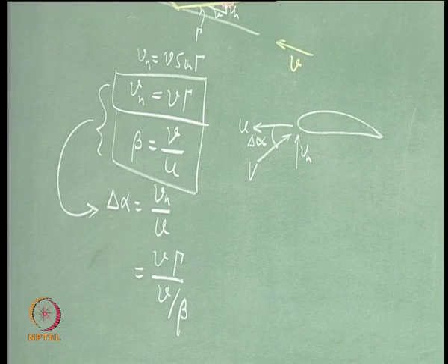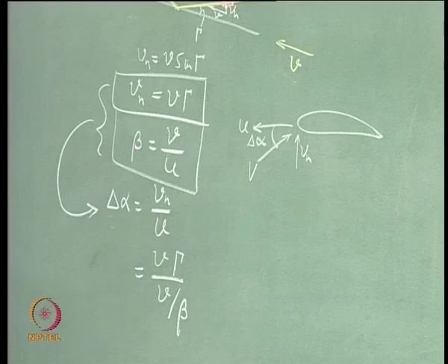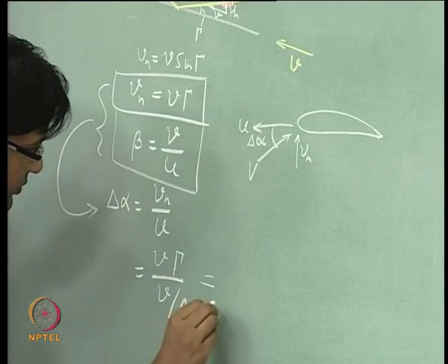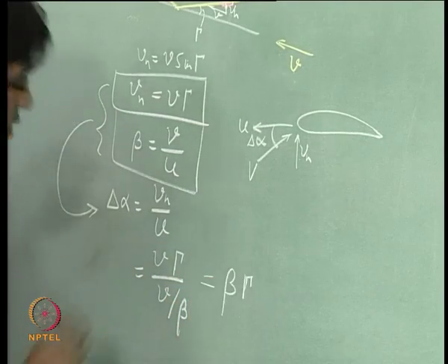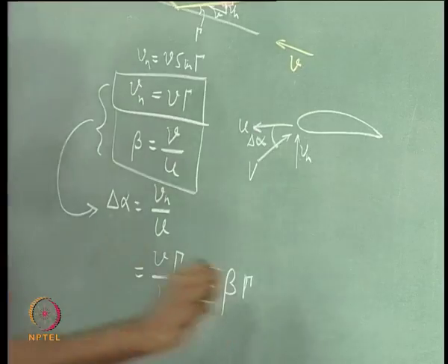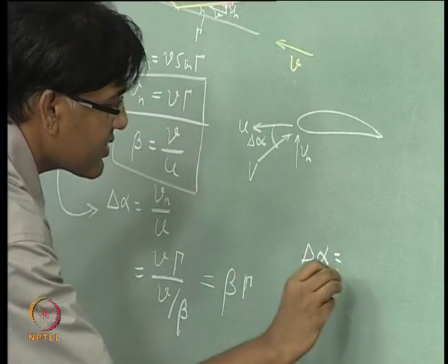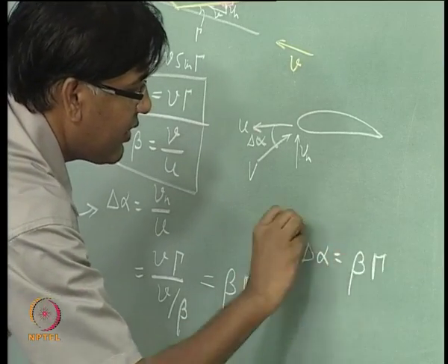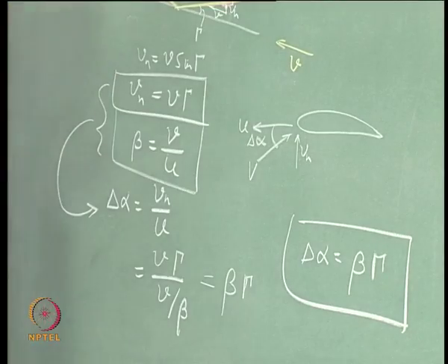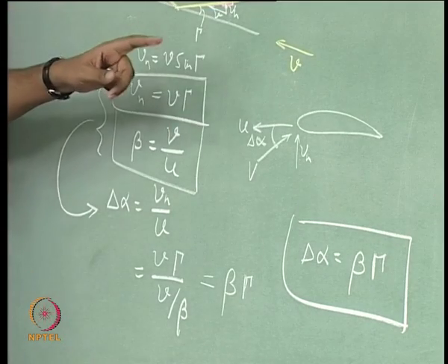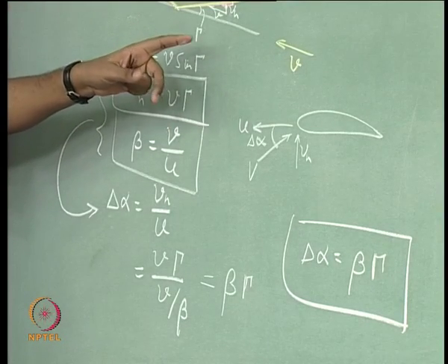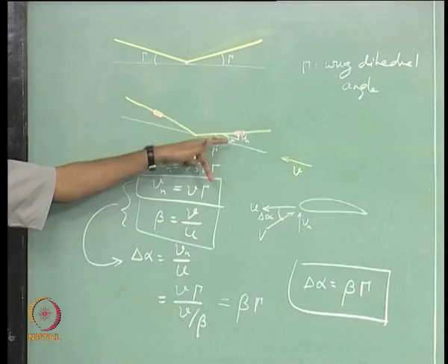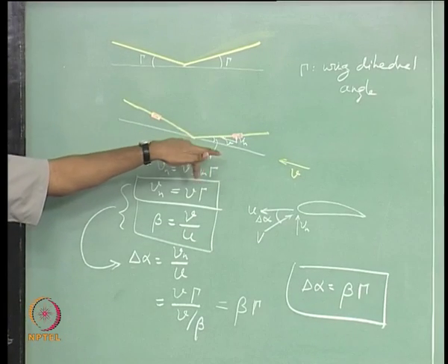Is this clear? So, delta alpha that we see is this, on the side of the wing which is going down.